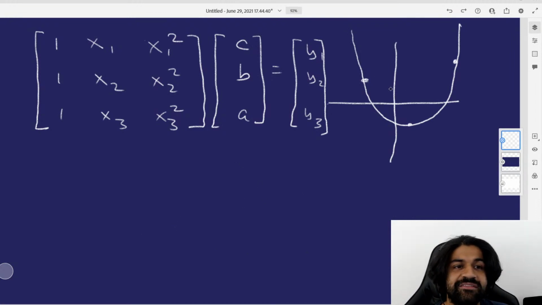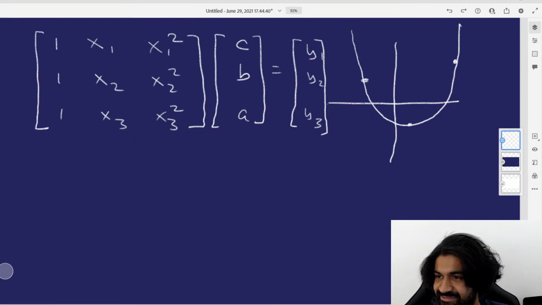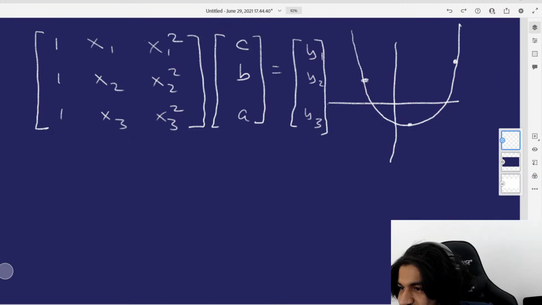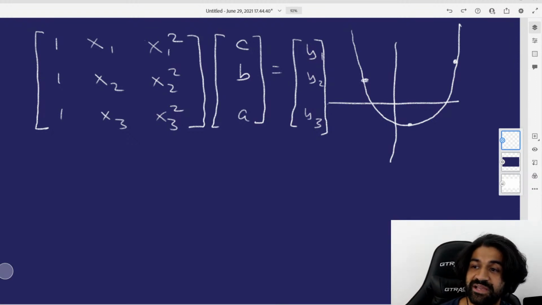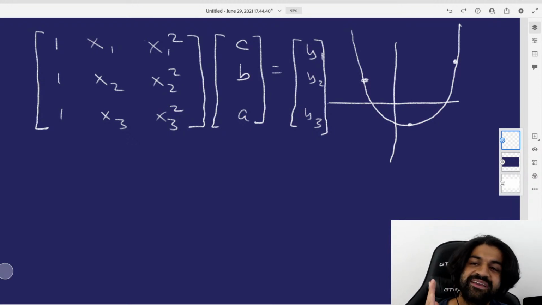Okay. So there's a unique quadratic going through 3 points if and only if this, does it have to be a quadratic? There's probably a cubic that goes through these points. Absolutely, but not a unique cubic. There are actually infinitely many cubics that go through these 3 points. I'm trying to show you that there's a unique quadratic that goes through these points.